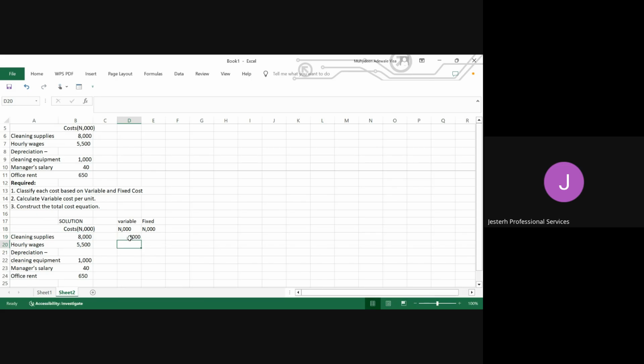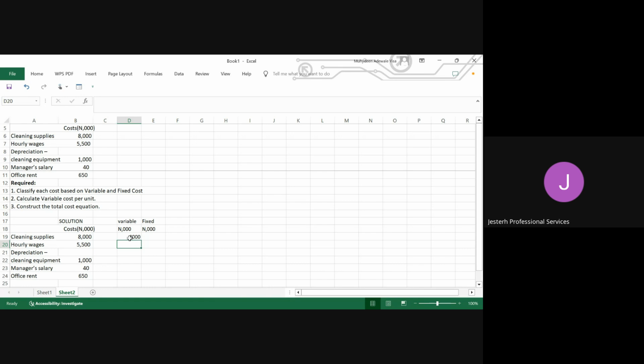Variable cost, 8,000. Now, hourly wages. You may be thinking, okay, this is labor hour. This is the amount they are paying to their labor. First thing that comes to your mind: they are paying their labor based on their working activity, their working hours. If they render service to 200 aircraft, the labor hour will change.